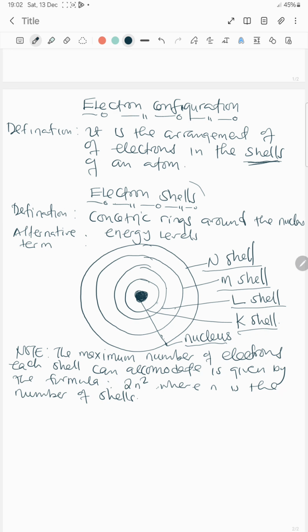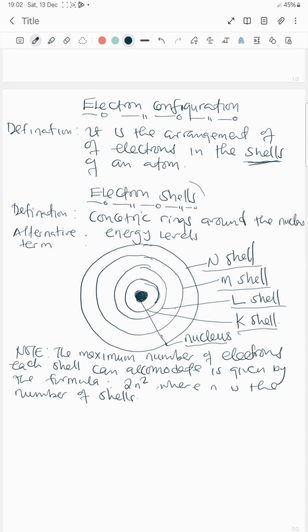each has a maximum number of electrons it can accommodate. We are saying that electrons are found where? In the shells. And in these shells, there is a maximum number they can do what? Accommodate.